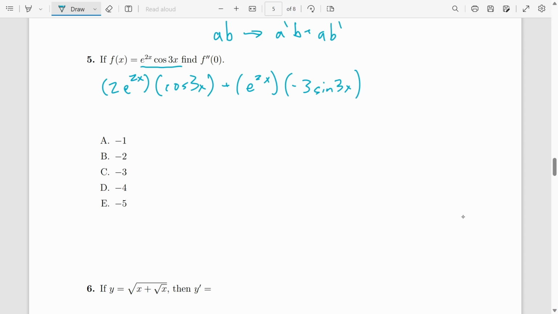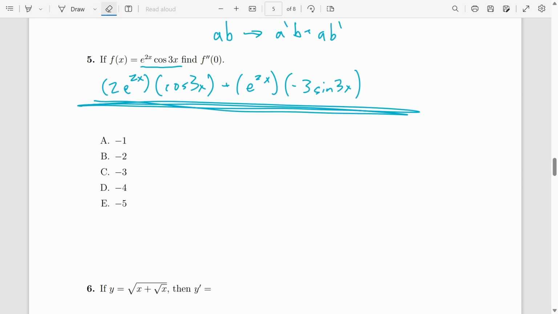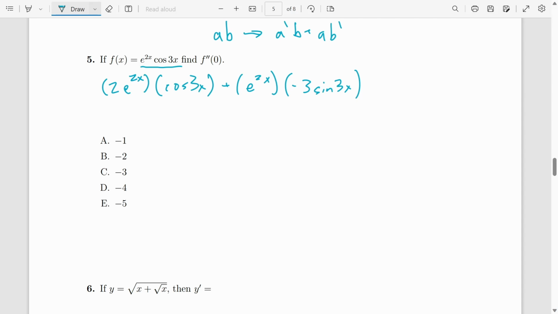Normally I recommend never simplifying your derivatives, because that'll just introduce a lot more work and a lot more potential errors that you can make. But since we need to do another derivative on top of this, we probably should simplify, because taking derivatives of unsimplified things gets really messy.